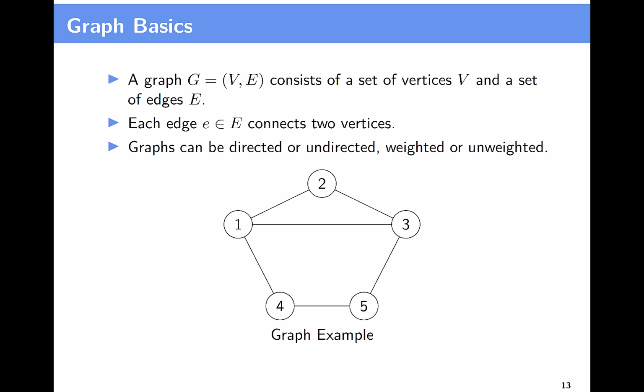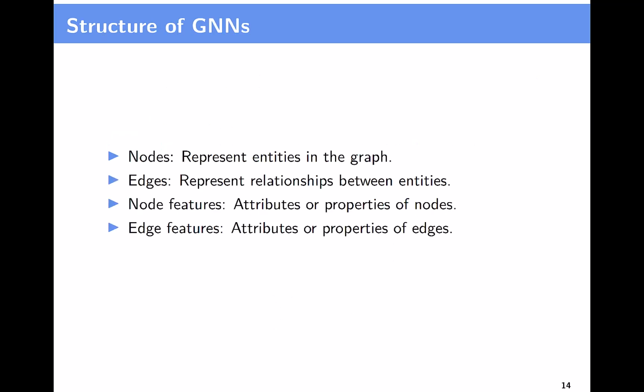Based on the basics of graphs, a graph consists of two sets: a set of vertices V and a set of edges E. Each edge in the set connects two vertices. And a graph can be directed or undirected, weighted or unweighted, depending on the type of the graph.